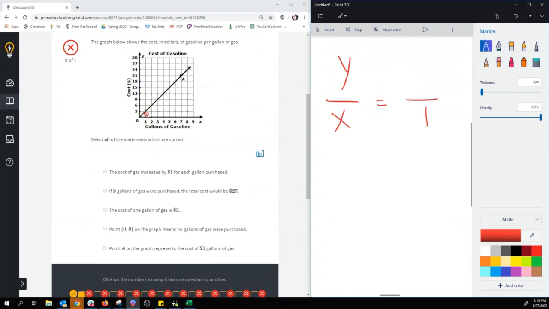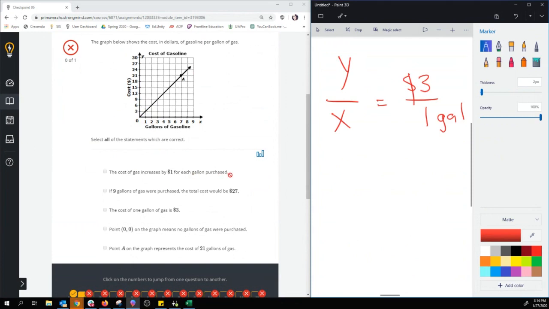So when X is 1, what would be my Y here? 3, perfect, right? Because if I'm here at 1 and I go up and I touch my line and then I move all the way to my y-axis, I end at 3. Beautiful. So I pay $3 for every 1 gallon of gas.